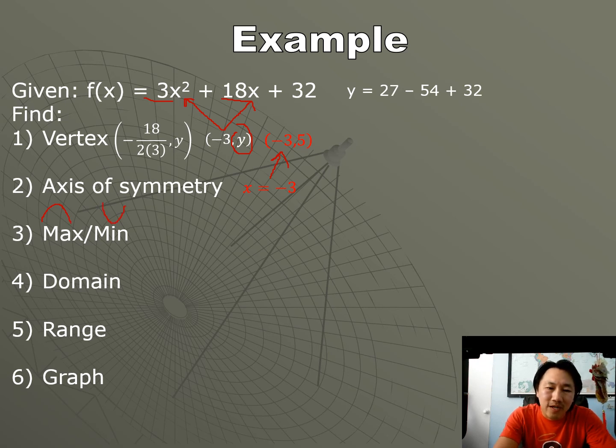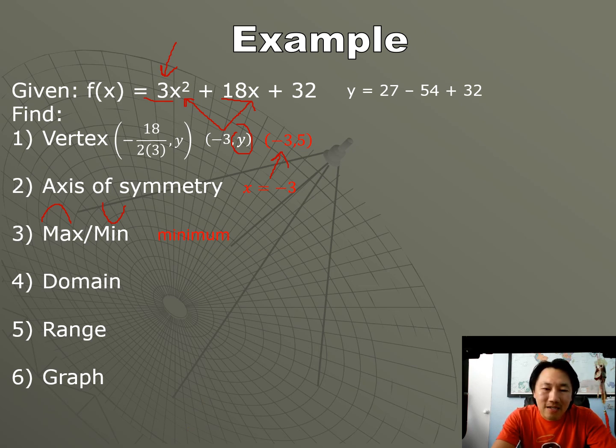How do we know which way it goes? You look at the a. If it's a positive a, you'll have a happy face. If it's a negative a, you'll have a sad face. In this case, it's a positive 3, so we have a happy face, which gives us a minimum value.